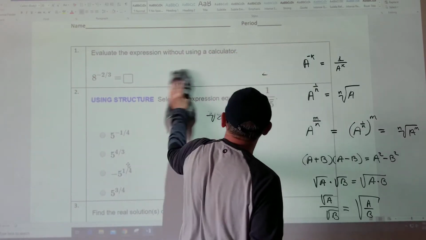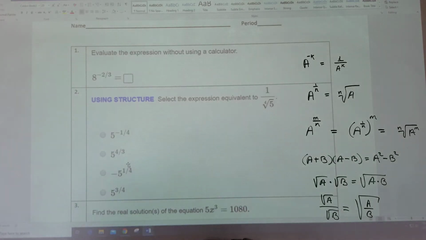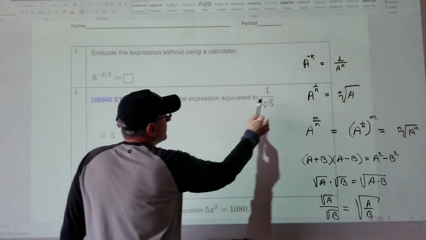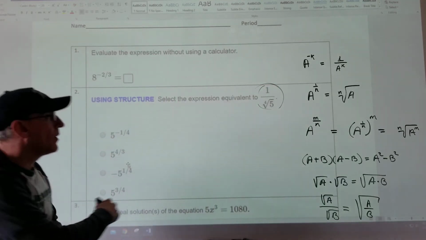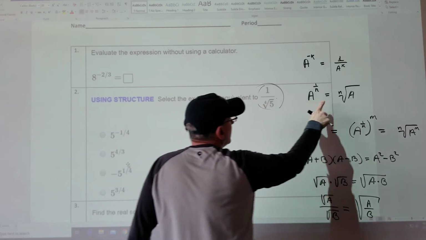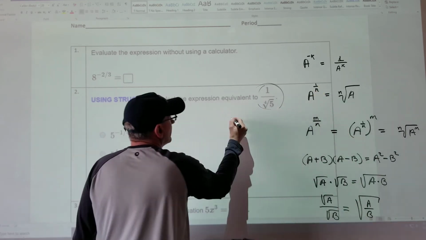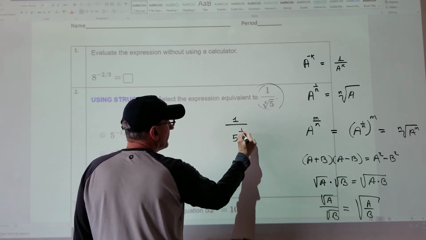Okay, if you need to pause the video or rewind it, go ahead, but I'm going to keep this rolling pretty fast. Find an expression that's equivalent to that. Okay, well, what is a fourth root again? It's equivalent to a 1/4 power. So the first thing you could do is write 5 to the 1/4 like that.